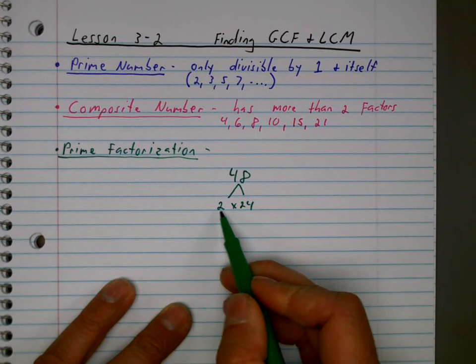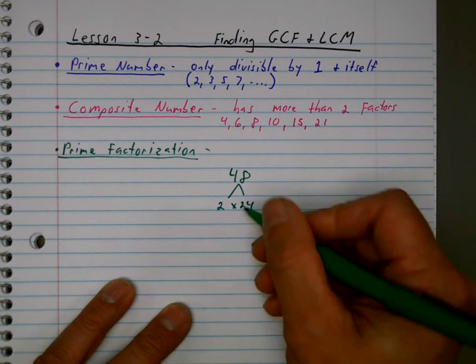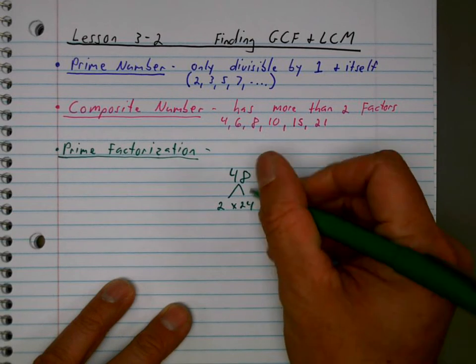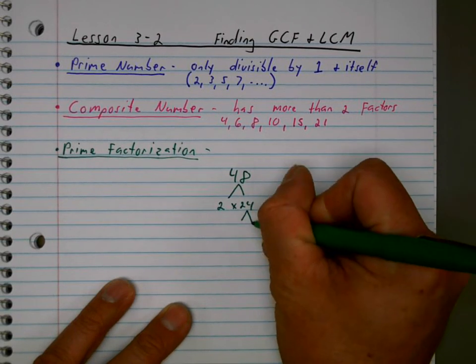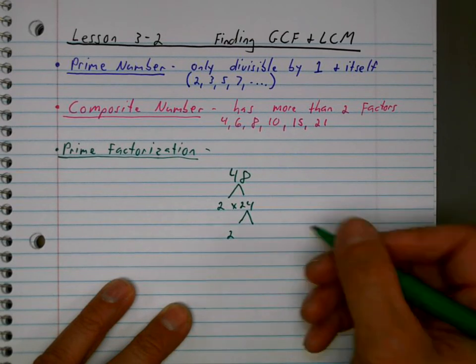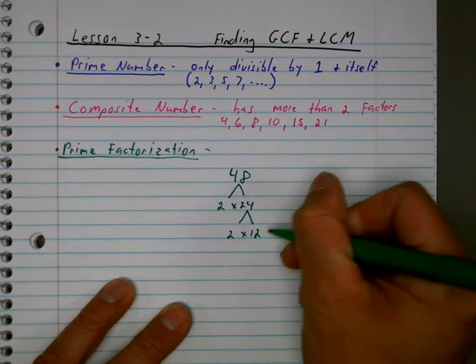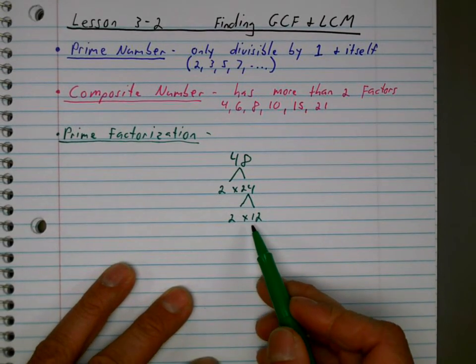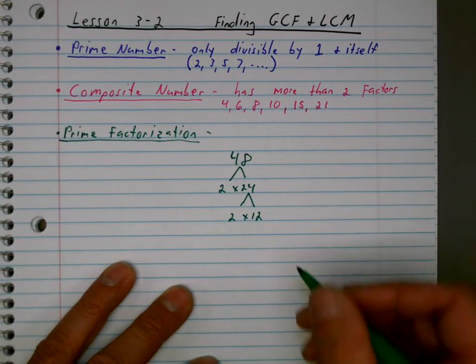Now I can't break down 2 anymore, but I can break down 24. So again, the next smallest prime number that goes into 24 is also going to be 2. 2 times what gives you 24? That's 12. Can't break down 2 anymore, so I'm going to continue, and I can break down 12.